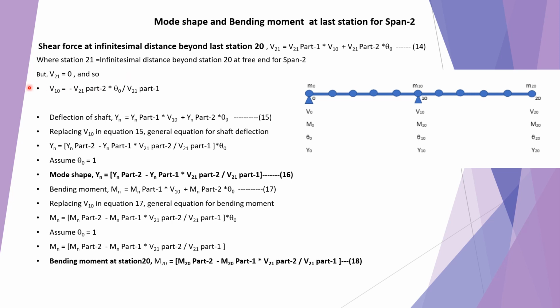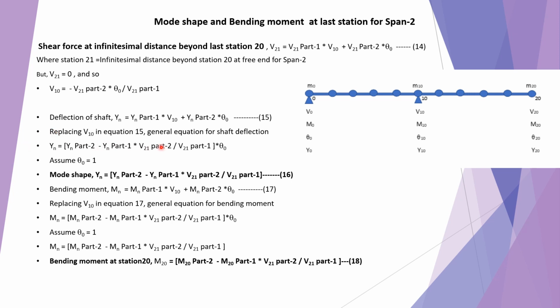But V21 is 0, and so V10 is equal to minus V21 part 2 into theta 0 upon V21 part 1. So the deflection of the shaft is written as Yn is equal to Yn part 1 into V10 plus Yn part 2 into theta 0, equation number 15.